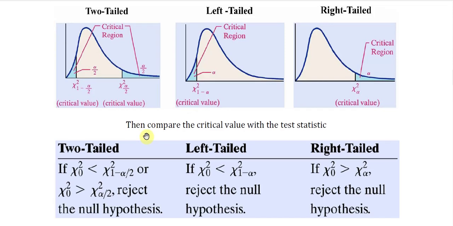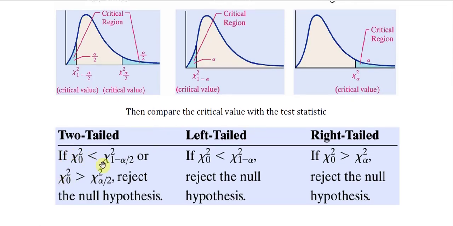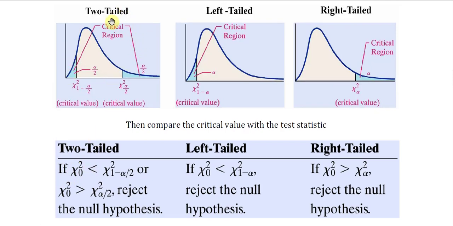Now you can compare the critical value. If the test statistic, the chi-square, is inside the critical region, then we reject the null hypothesis. If not, we fail to reject the null hypothesis. So for the 2 tails, if the test statistic turns out to be on the left side of this portion, or on the right side, bigger than this value, then we reject the null hypothesis.